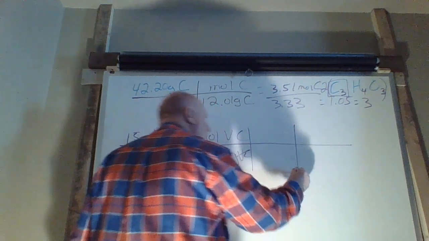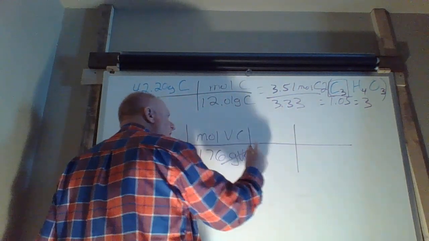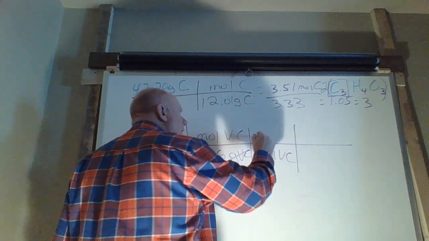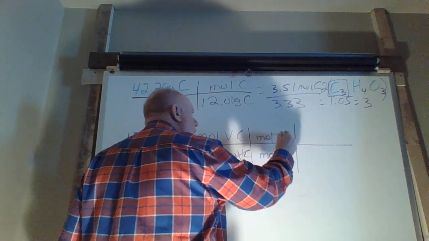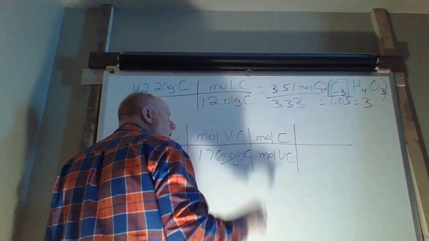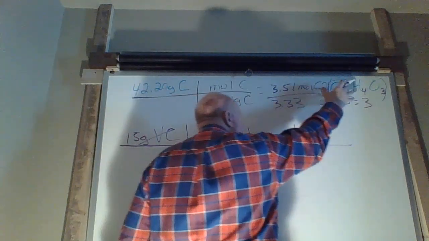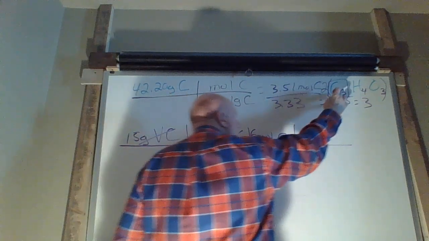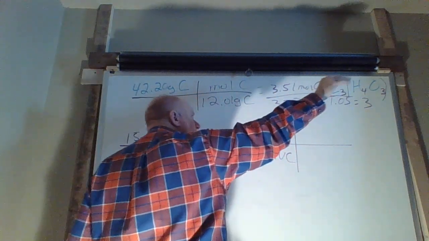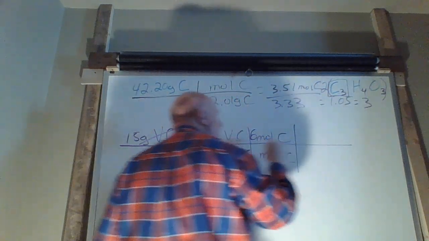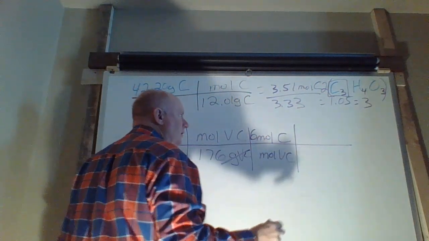This third step allows us to change what it is that we have, which is this entire substance, moles of vitamin C, into moles of what we're looking for, which is just carbon. So now we look back at our formula, and we put 6 moles of carbon. I understand there's 3, but from our molecular formula, that got distributed through, so 2 times 3 would give you that 6. That's where that 6 is coming from.